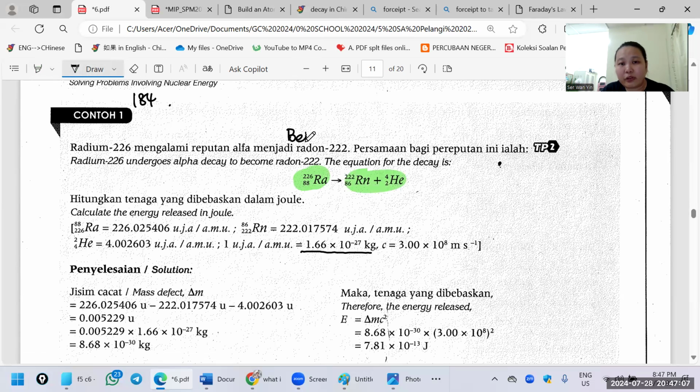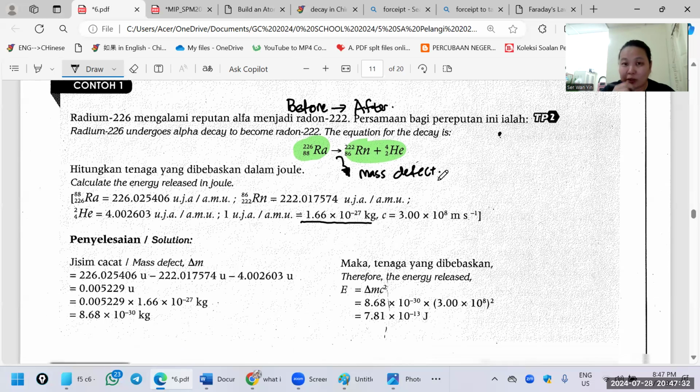This is before the nuclear reaction, this is after, so material and product. Before and after, there will be some mass lost. The lost mass is called mass defect.